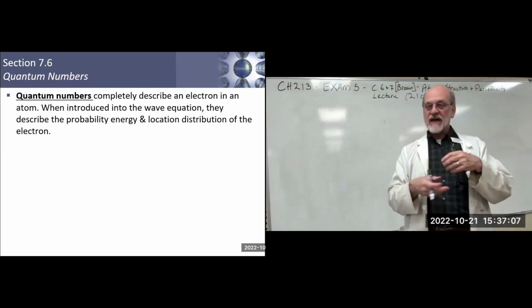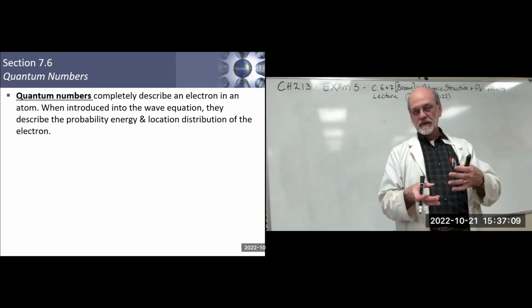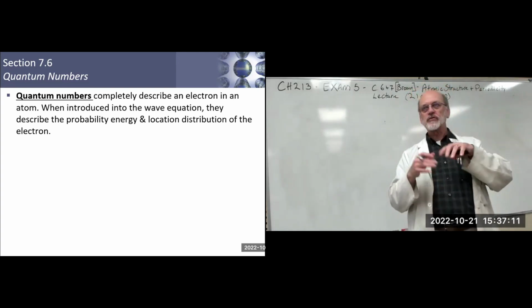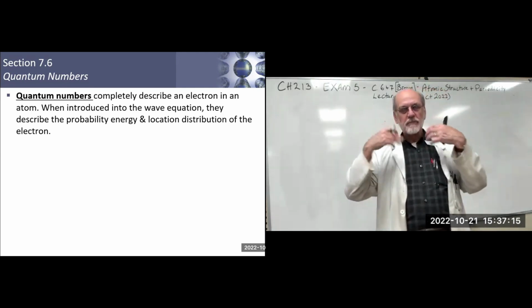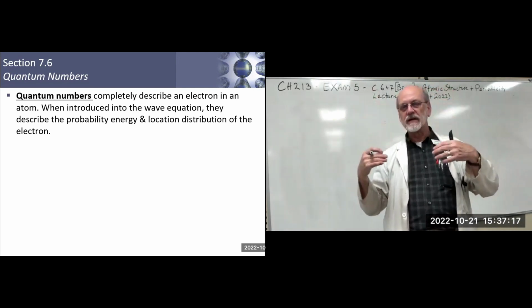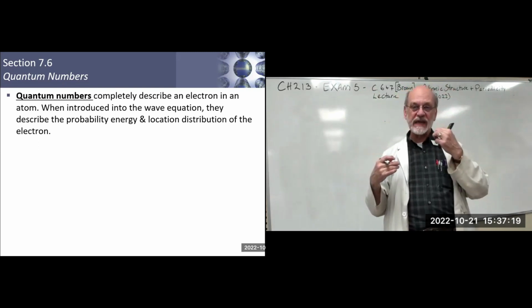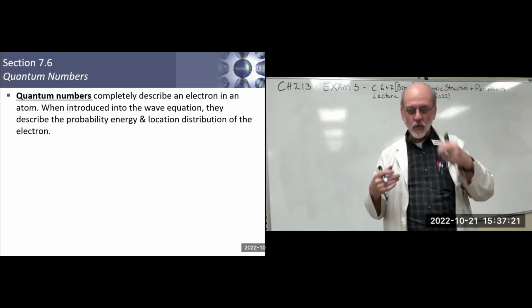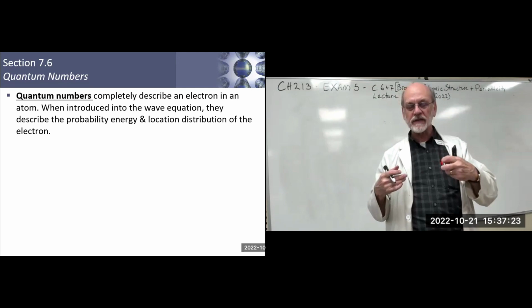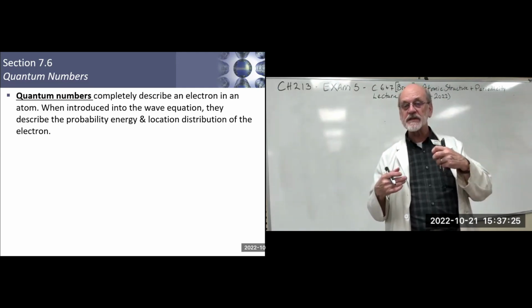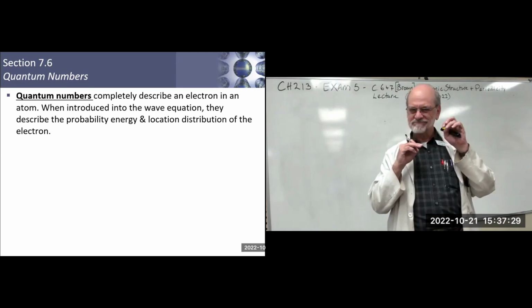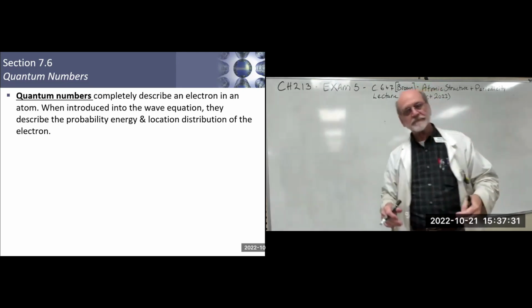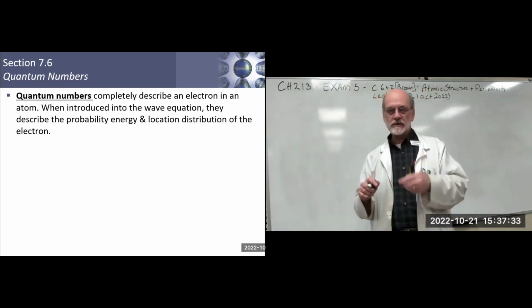They have a sort of pictorial meaning, but they also have physical meanings as they enter the equation to calculate the probabilities of various factors. So let me give them to you.